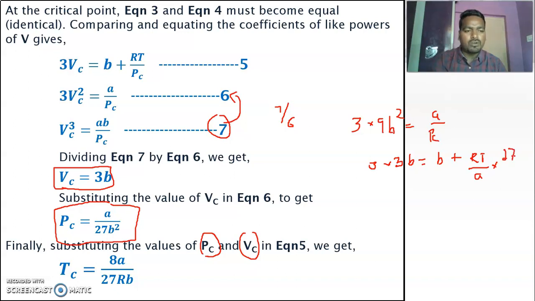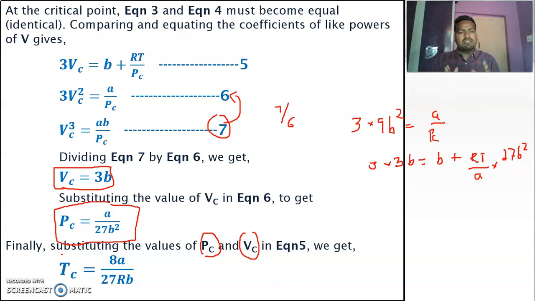It will go to the numerator. Then if you simplify this equation, you are going to get TC, critical temperature, is equal to 8A divided by 27RB.